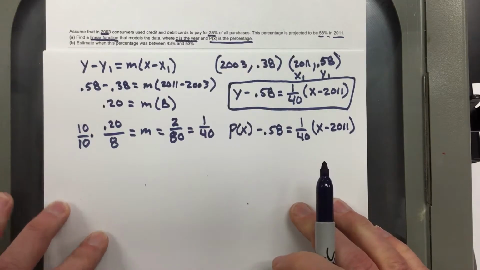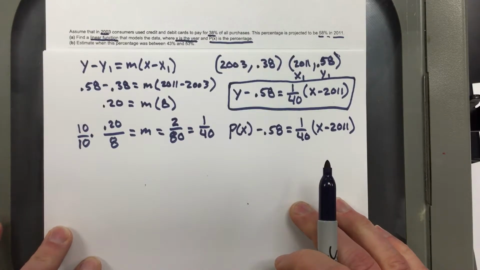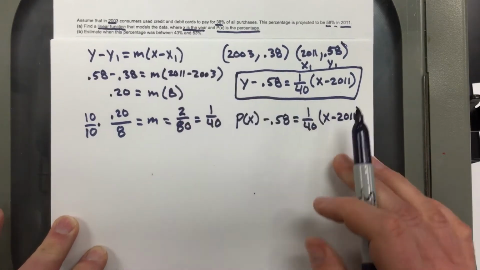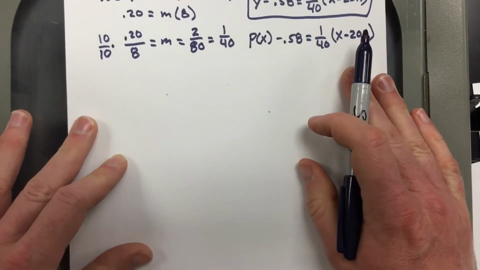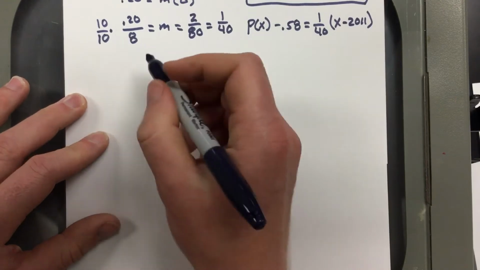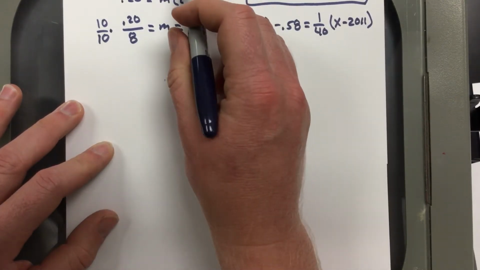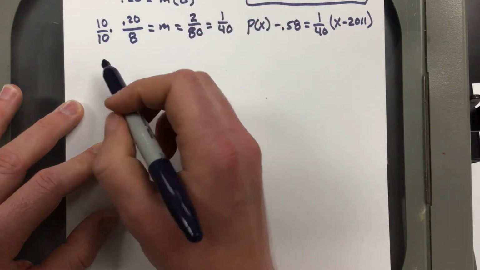So remember, 43 and 53%, they want us to make estimates. So I'm going to figure out when, in which years, it is going to be 43 to 53%.